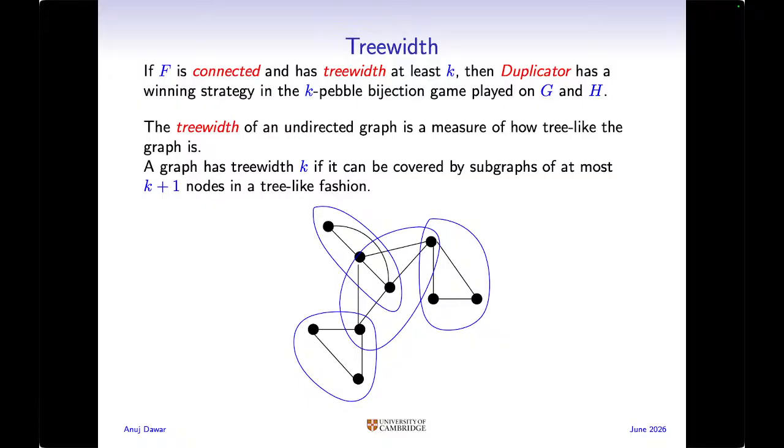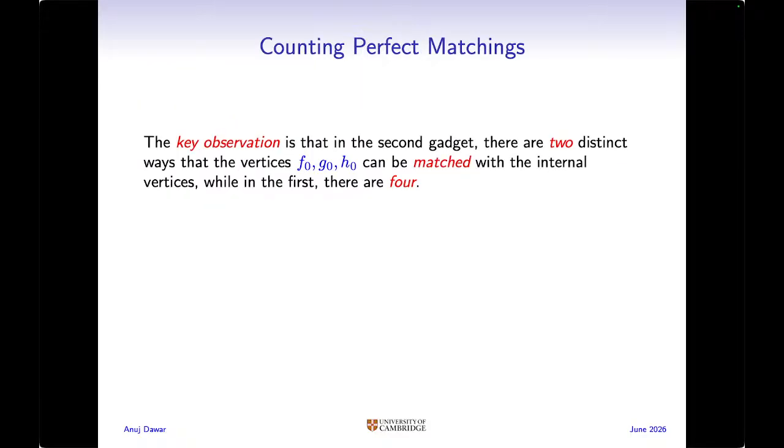So that's pretty much it. So we know there are three regular graphs of tree width k and of size linear in k, and so the result follows. Okay. I should have said the result follows, because I didn't explain why they have different numbers of perfect matchings, but basically you can show that the two gadgets actually have different numbers of perfect matchings.